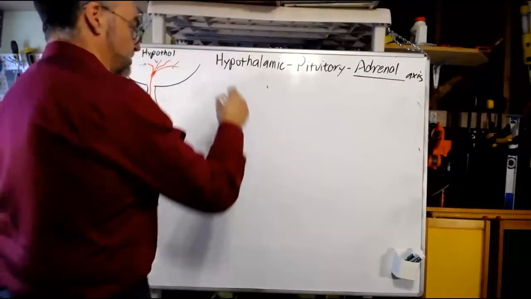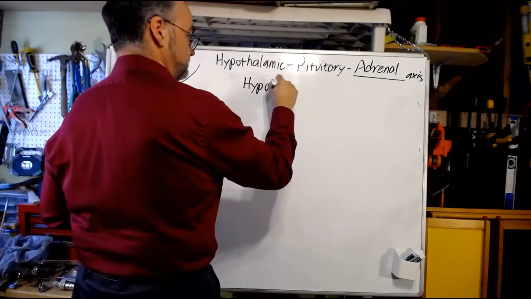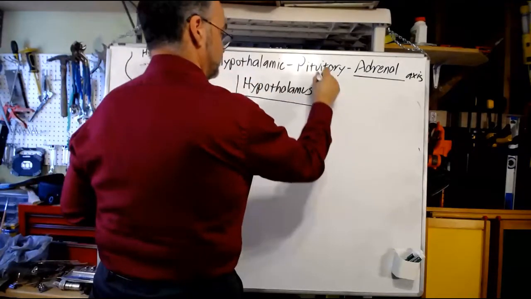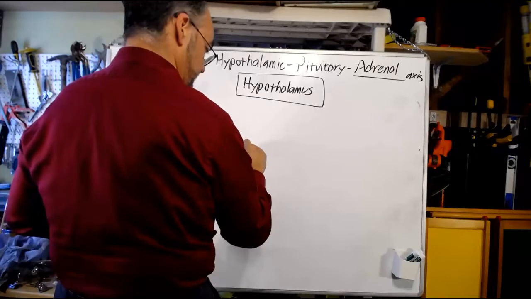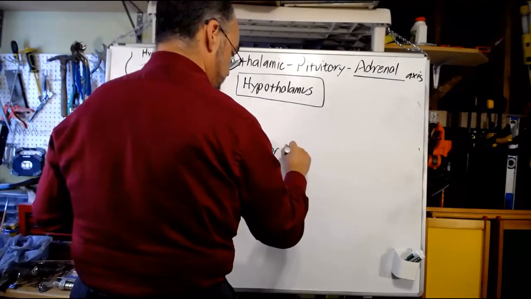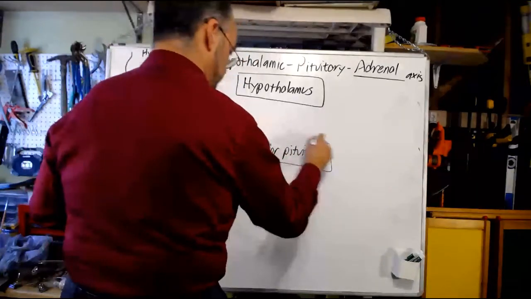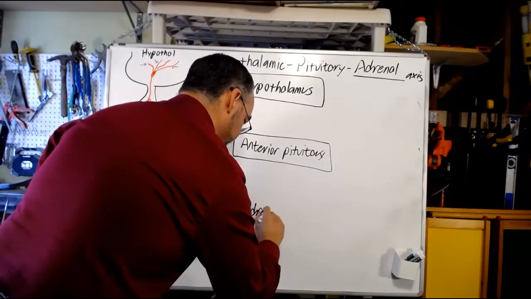So let's take a look at how this works. We're going to start with the hypothalamus, and it's going to affect the anterior pituitary, which is in turn going to affect the adrenal cortex.